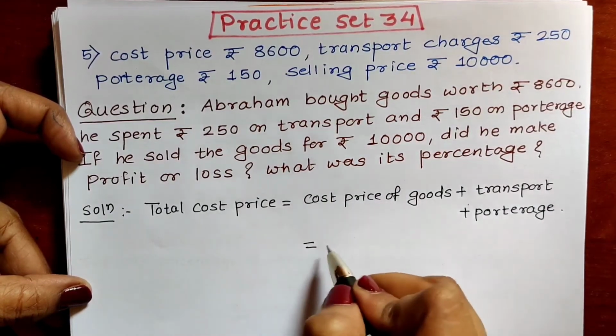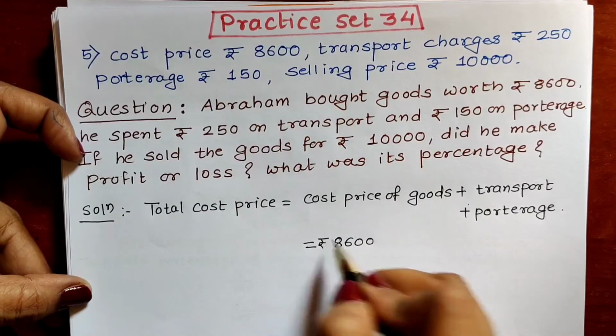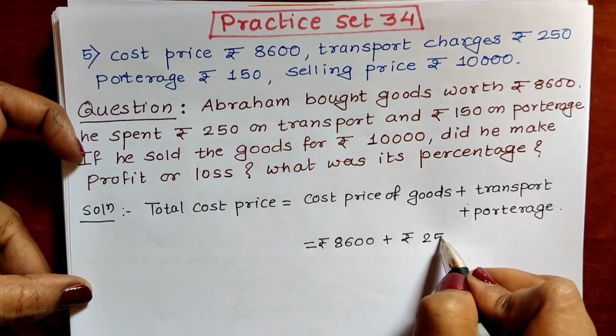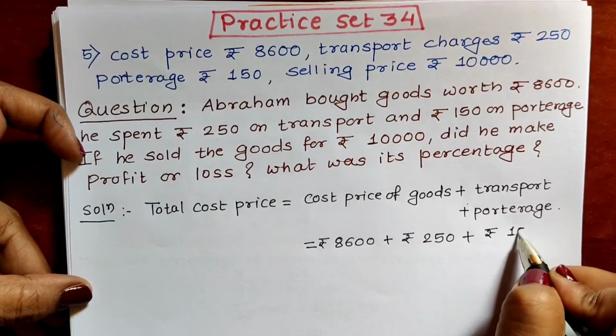So cost price of goods is 8,600 rupees. Transport is rupees 250 plus porterage is rupees 150.